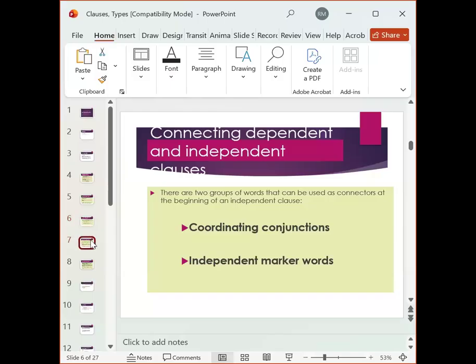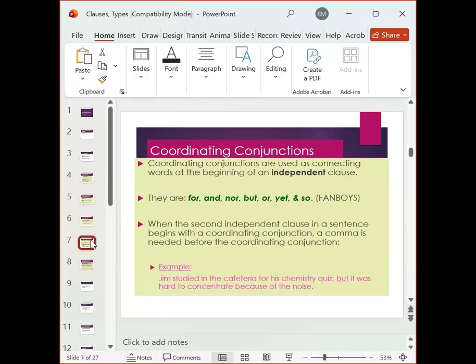And these conjunctions have been put together in an acronym, and it's called FANBOYS. That's just for you to remember. So whenever FANBOYS comes to mind, you know that words like for, and, nor, but, or, yet, and so are not part of the dependent markers.